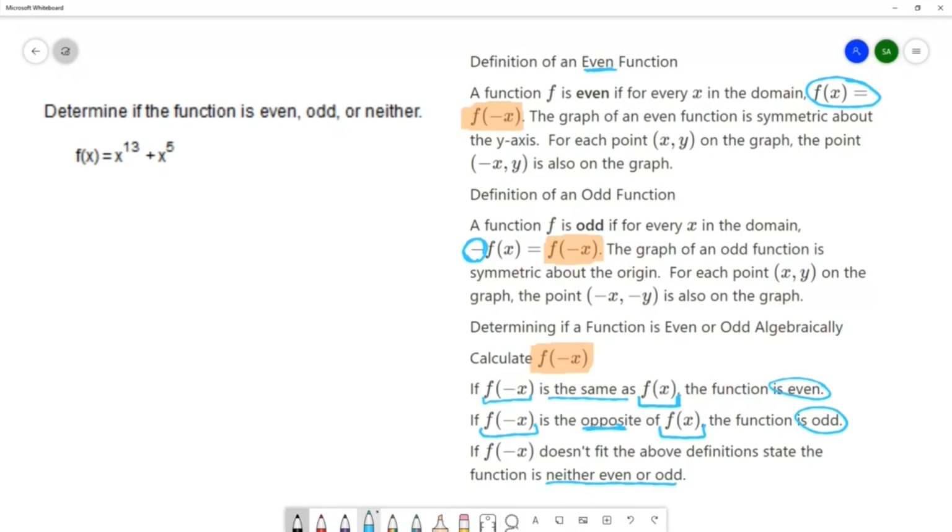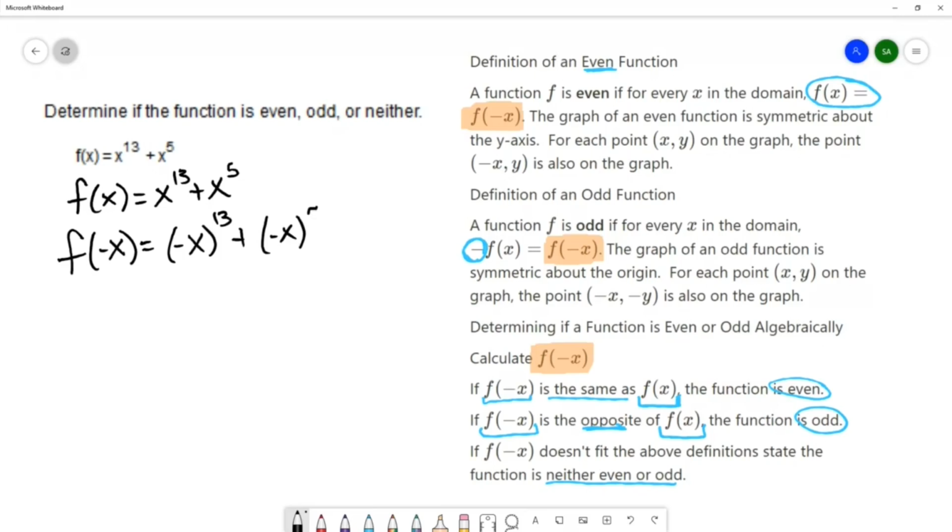So we're going to start with our function, f of x equals x to the 13th plus x to the 5th, and we're going to calculate f of negative x. That's negative x to the 13th plus negative x to the 5th. And if you have an odd number of negatives, that means you're going to have a negative number.